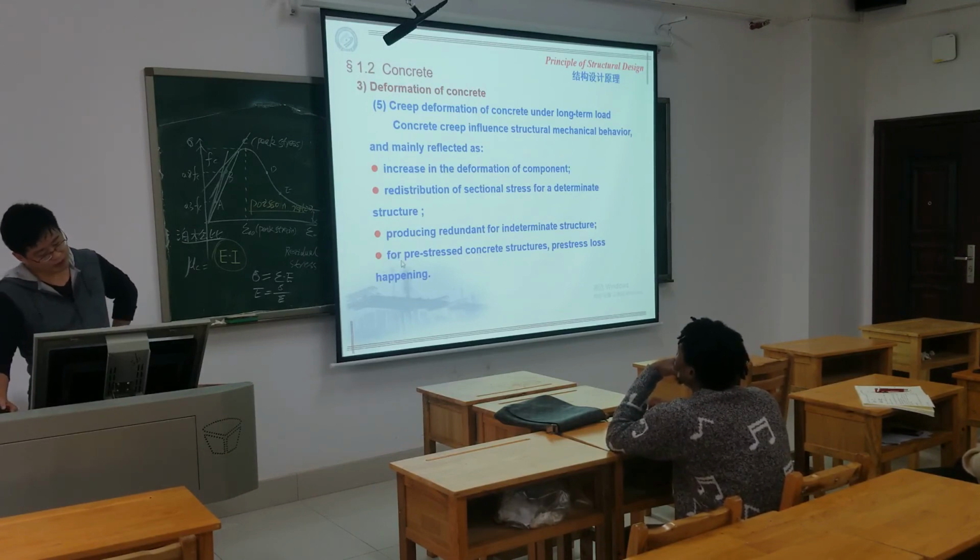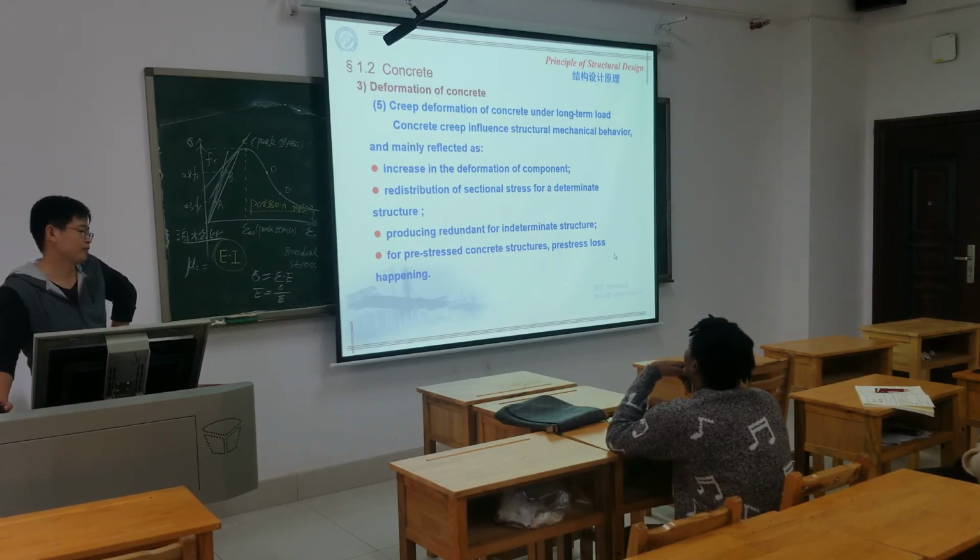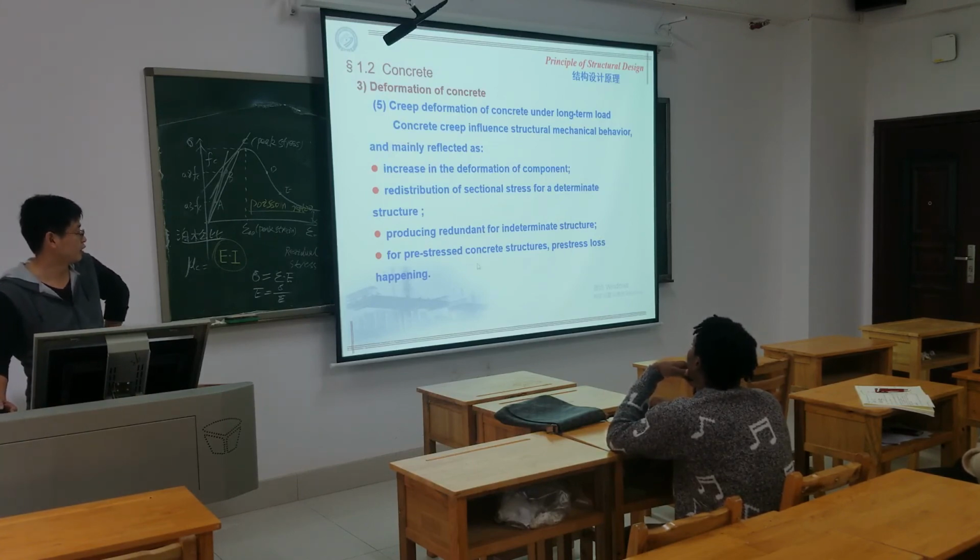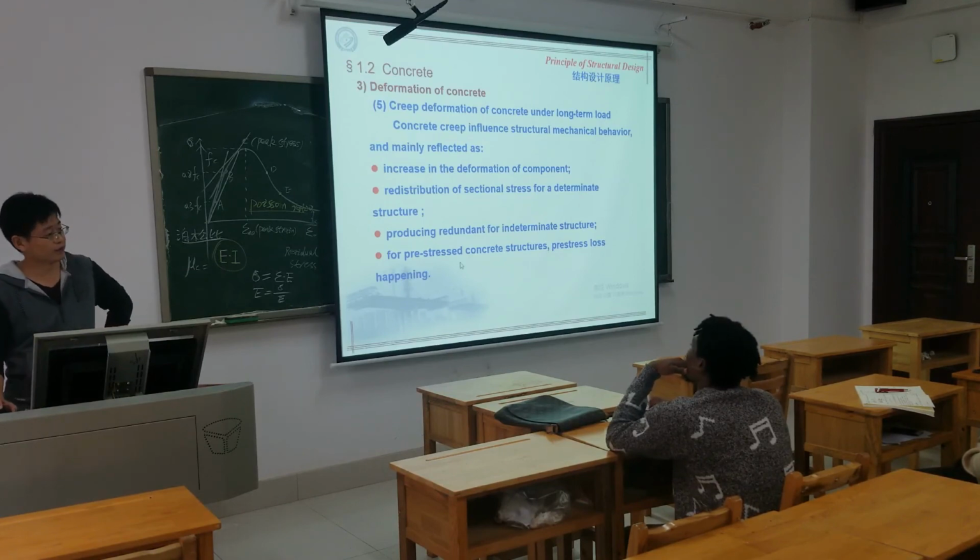And for pre-stressed concrete structures, with pre-stressed loads, here we can find some of the effects that influence the loads and the stress. Creep will lead to a loss of pre-stress.